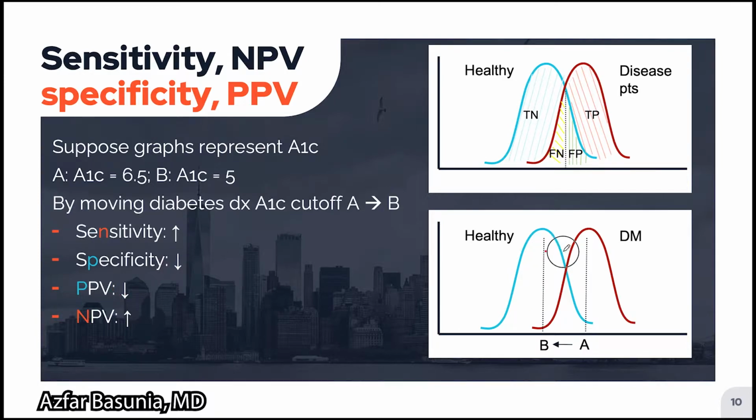Also note that the false positive will be higher in this case because we may be classifying healthy patients who do not have diabetes but have borderline A1C, such as 5.2, 5.3, 5.4. Note that the false negative, which is the area under the red curve here, will be lower in this case because it will be very unlikely that patients with an A1C below 5 will have diabetes.